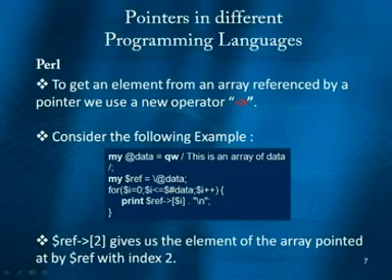Here we use the arrow operator to get an element from an array referenced by a pointer. Following example clearly shows that. This gives us the element of the array pointed at by $ref with index 2.